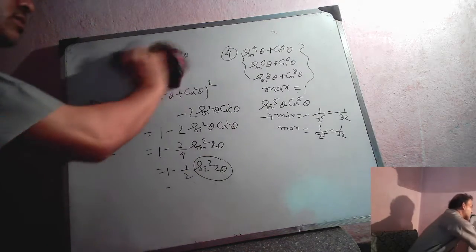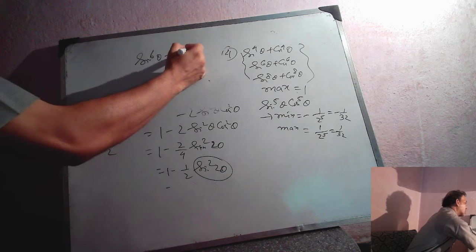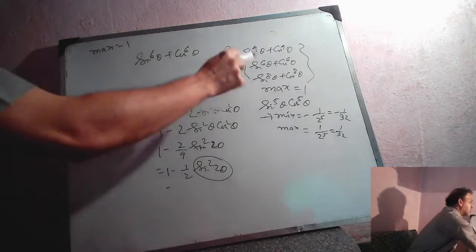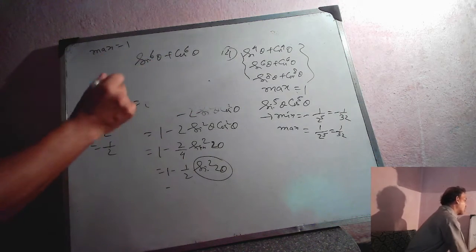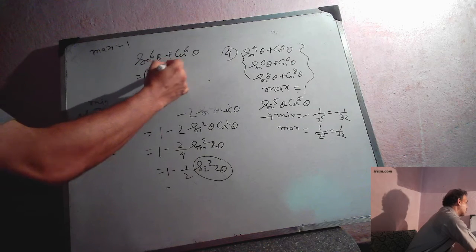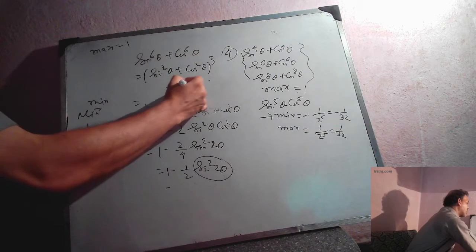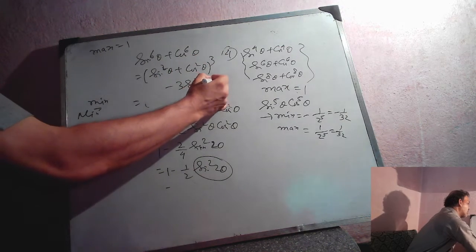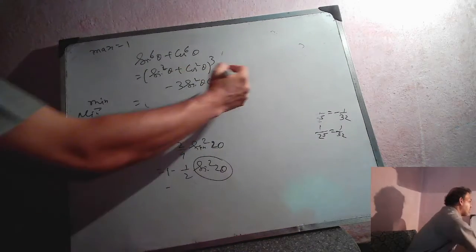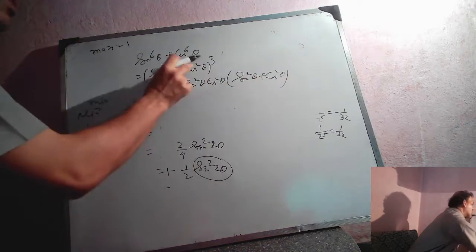Take another one, sin^6 θ plus cos^6 θ. Maximum, easily we can say 1. For these three types, the maximum value is always 1. Now what will be the minimum value? We can express it as (sin^2 θ + cos^2 θ)^3, that is (a+b)^3 minus 3ab(a+b), with sin^2 θ + cos^2 θ equal to 1.